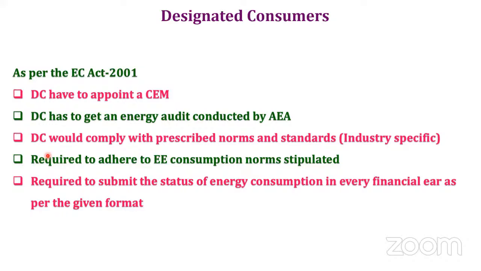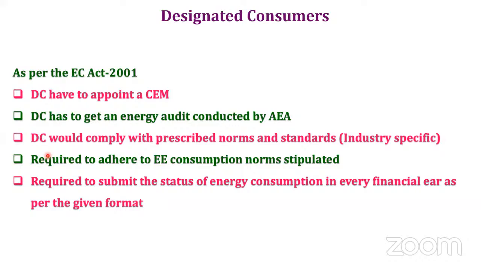Number one, for the next year, if you are committed to 5% and you achieve 4%, then the 1% certificate which is already available with you, you can show it. Or you can sell the 1% certificate to some other industries who are not achieving their target. So two advantages are available. Either you can utilize it for your own application in future, or you can sell it to another company that is not achieving the target.